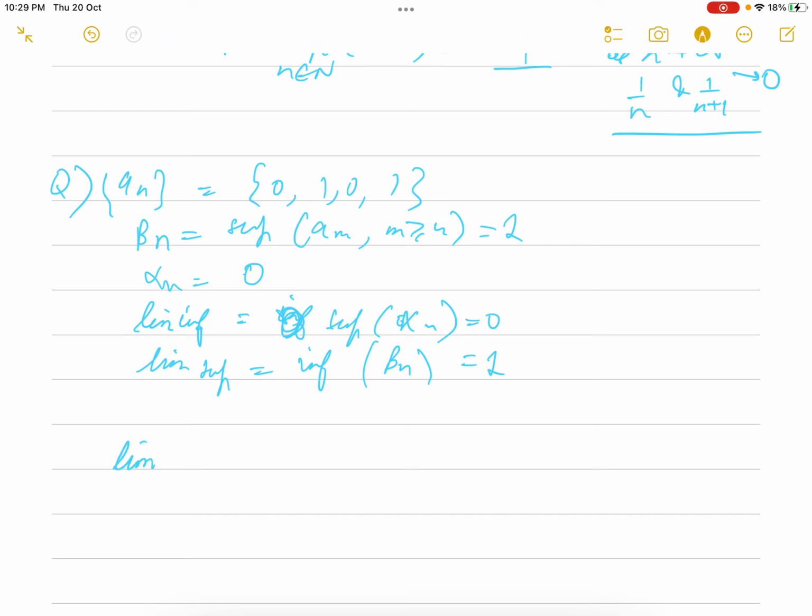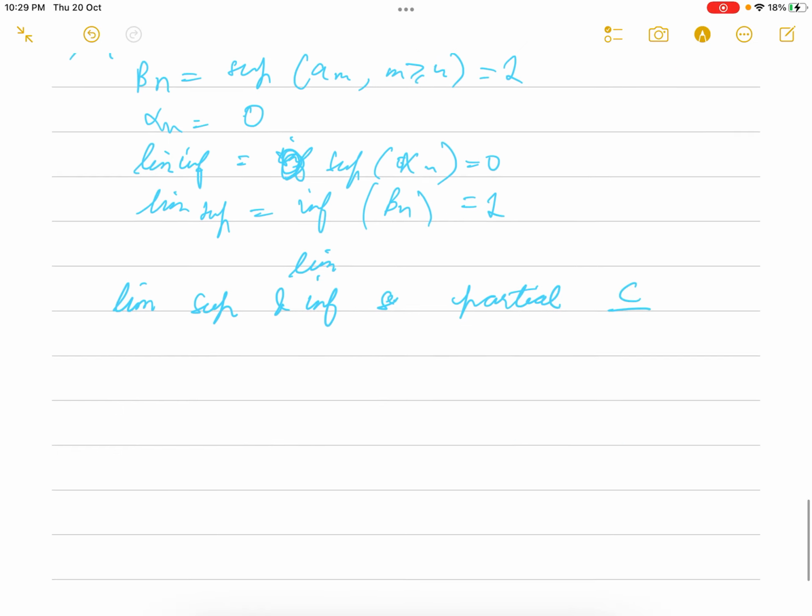Lim sup and lim inf are also defined over the partial order of inclusion, and there it can be defined as here.